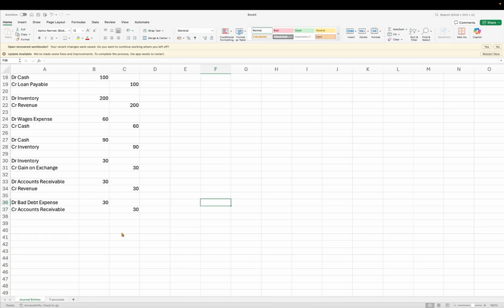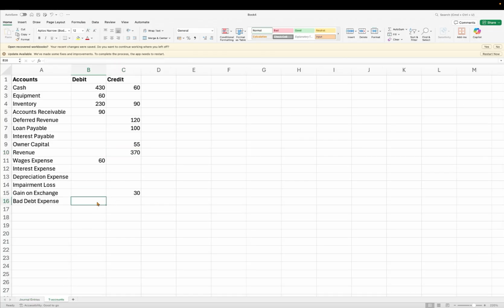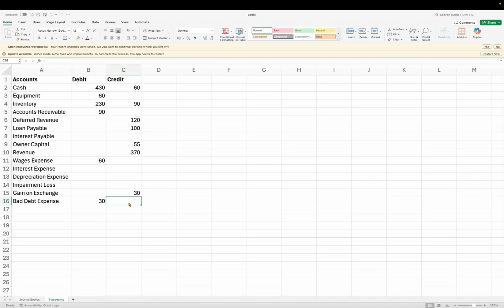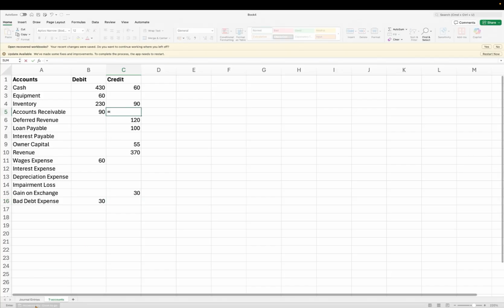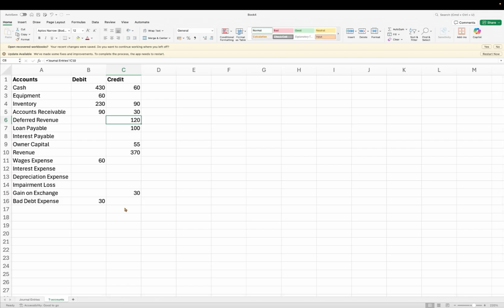Again, the journal entry shows us 30 at the bad debt expense, and we transfer the same amount to this place, this way. Great, we've got it here. We do the same thing with accounts receivable that needs to be done.